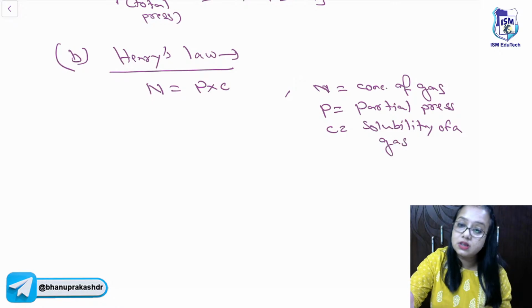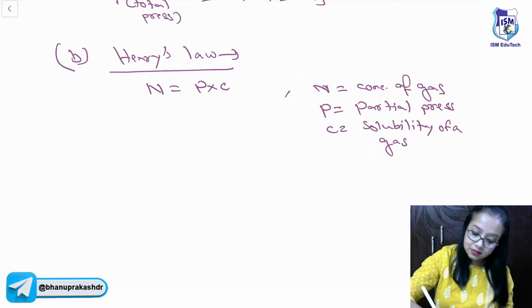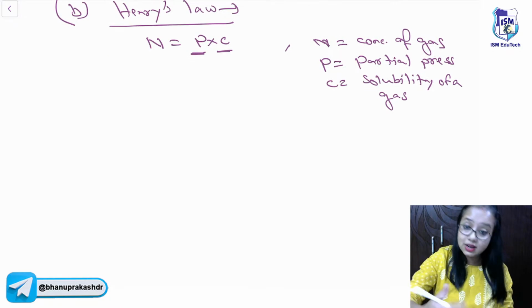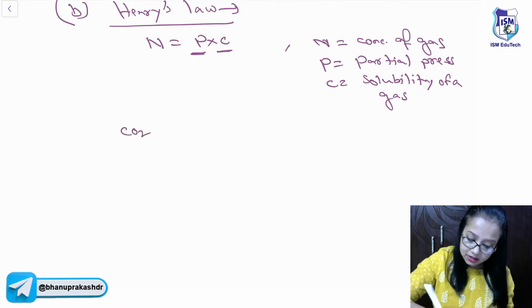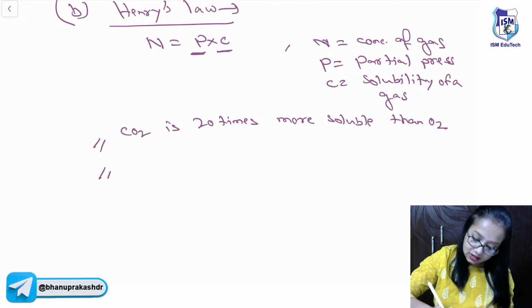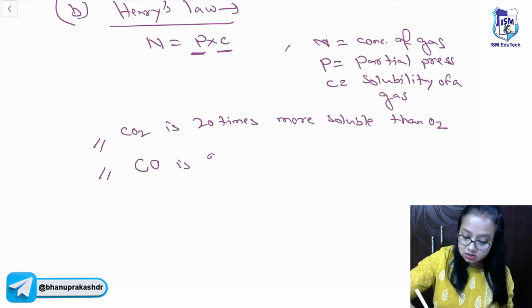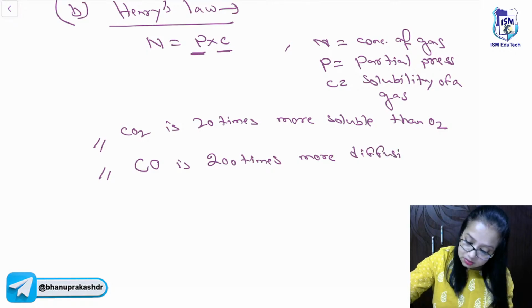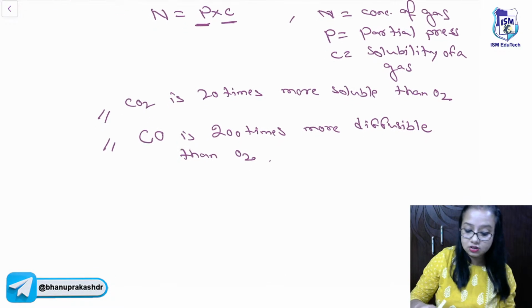So, the concentration of a gas will be more if the partial pressure and the solubility coefficient are more. As we have already studied, carbon dioxide is 20 times more soluble than oxygen, and carbon monoxide is 200 times more diffusible than oxygen. Okay, these are the laws that are governing.